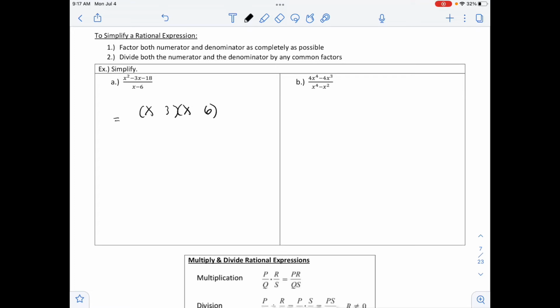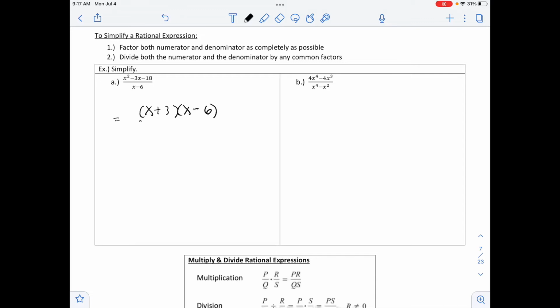It's also helpful to look at the denominator in this rational expression, and you'll notice that we have a minus 6. So it gives me a little hint that that's probably a minus, and this would probably be a 3. So foiling this out and checking to make sure I did this right, I'd have x times x, which is x squared. I would have negative 6x plus 3x, which sums together to negative 3x, and then 3 times negative 6, which is negative 18.